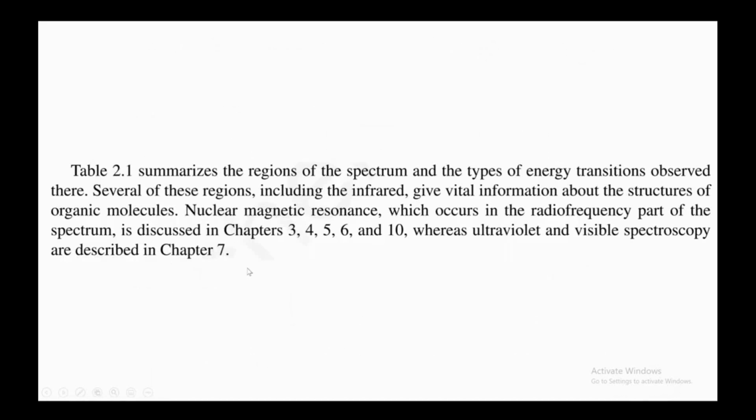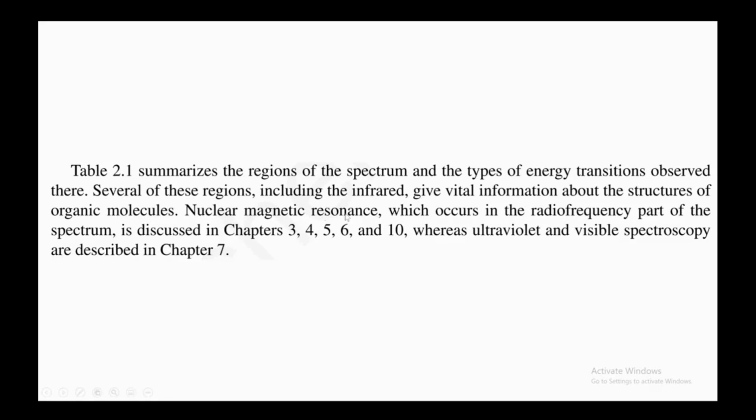Okay, let's go back to discuss table 2.1. Table 2.1 summarizes the regions of the spectrum and the types of energy transitions that are observed there. Several of these regions, including the infrared, give vital information about the structures of organic molecules.